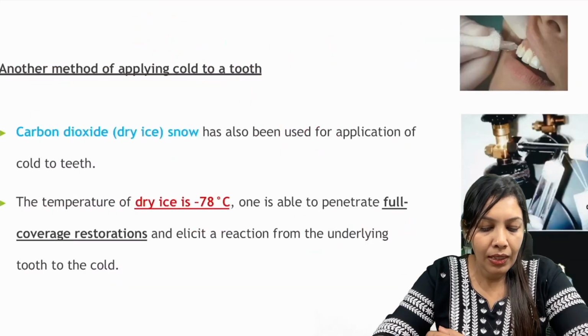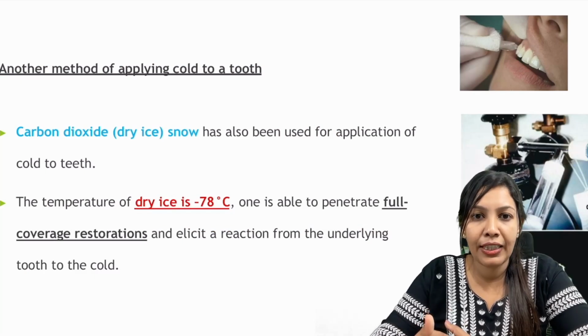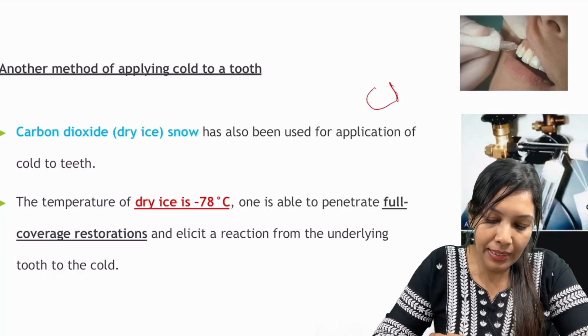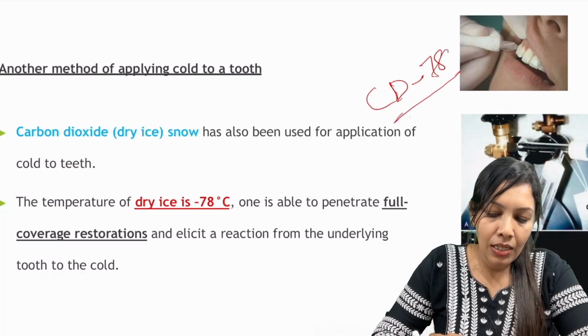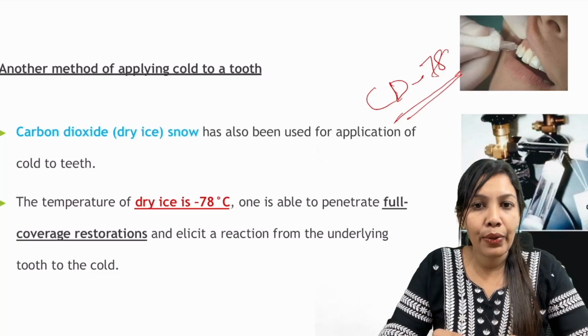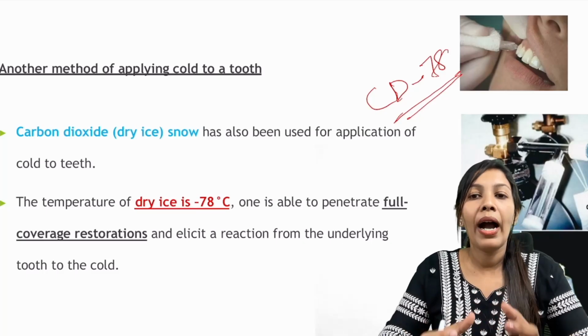Understood? CD. As I said earlier, carbon dioxide snow is also called dry ice. And the temperature of dry ice is minus 78 degrees centigrade. That is CD. You can memorize it, CD 78. Right. Carbon dioxide or dry ice has a temperature of minus 78 degrees, just connect it and study. Why is it so?